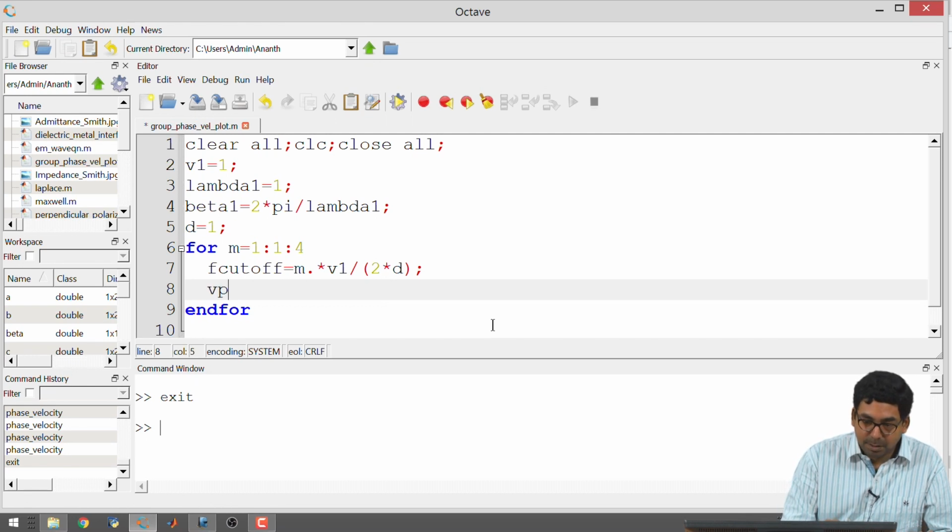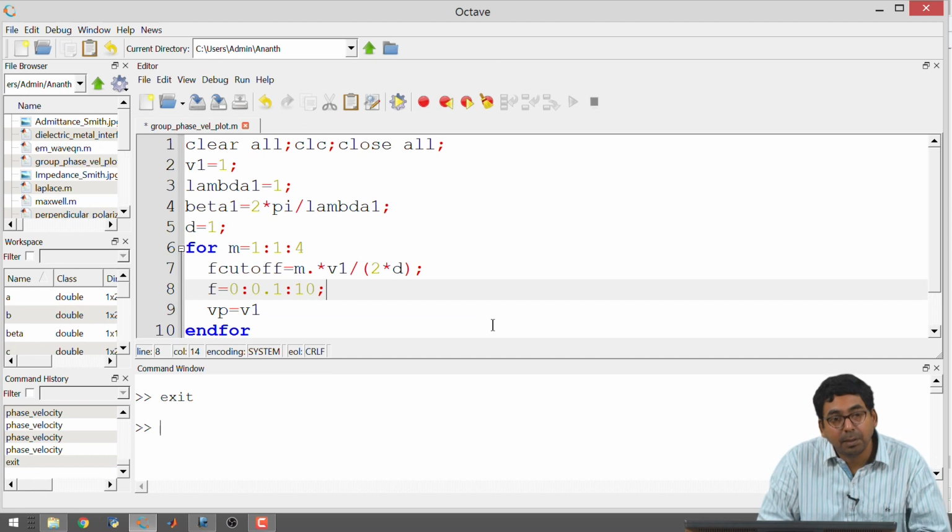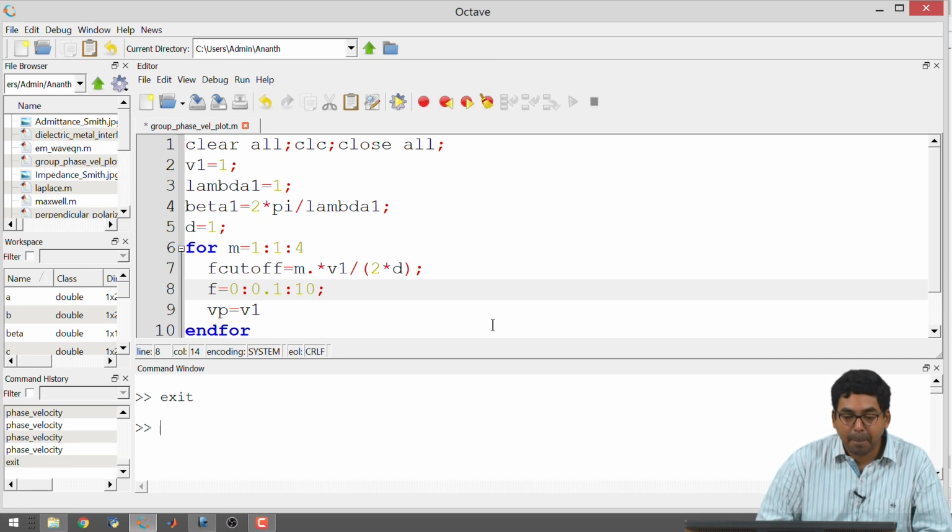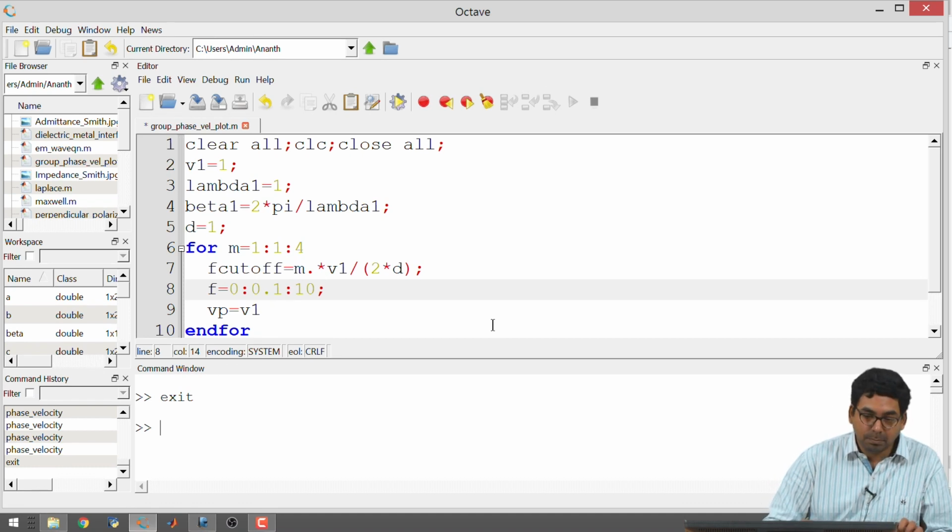Phase velocity, the formula that we have is, okay, let us also define another term, right. Operating frequency has to be defined. So, the operating frequency, I want it to go from 0 all the way to 10, right. In this case 10 is a high frequency, that is it. Okay.